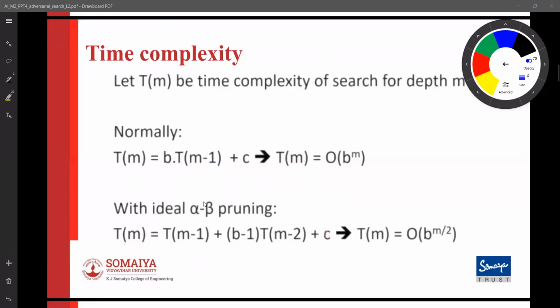So this is a hard question. Of course, can we write a similar recurrence relation trying to represent T of m as a lower order of T of m minus 1 and T of m minus 2, etc., for alpha beta pruning? If alpha beta pruning is being done on the tree with the best ordering of the nodes, and the figure gives you a hint, for me to compute T of m, what do I absolutely have to compute?